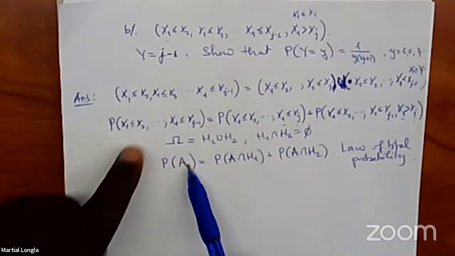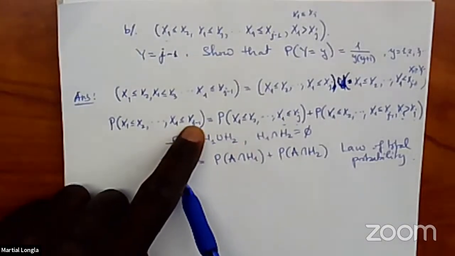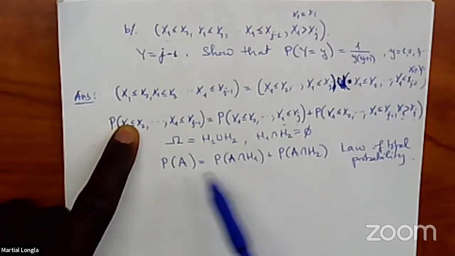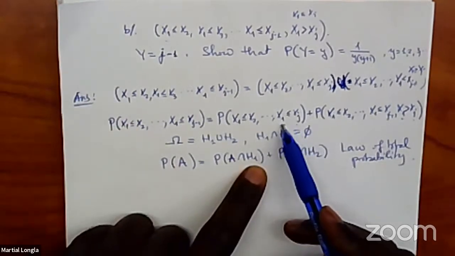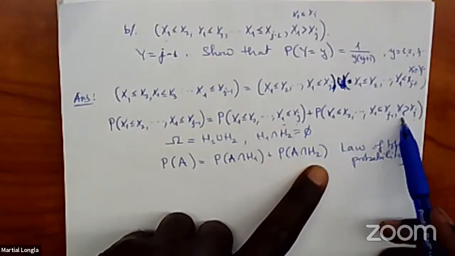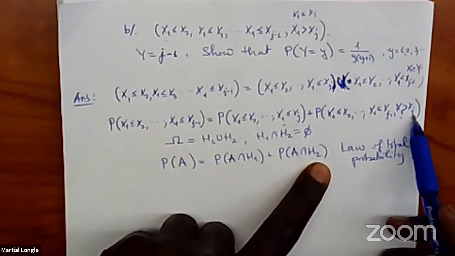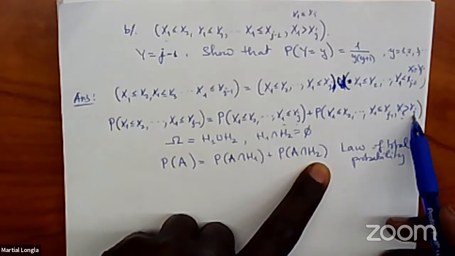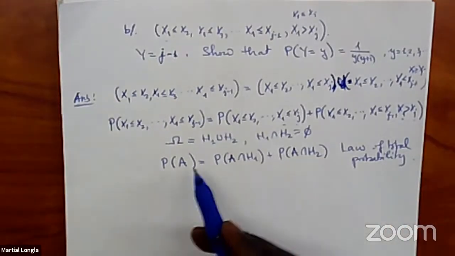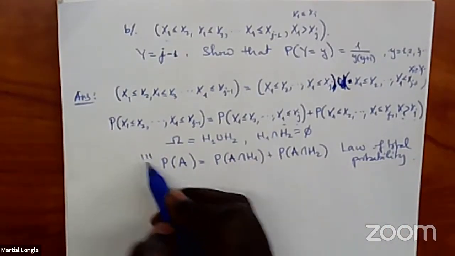So if I want A in this problem, then h1 is x1 less than xj, h2 is x1 larger than xj. Am I making sense? All right, and this is what we are using.